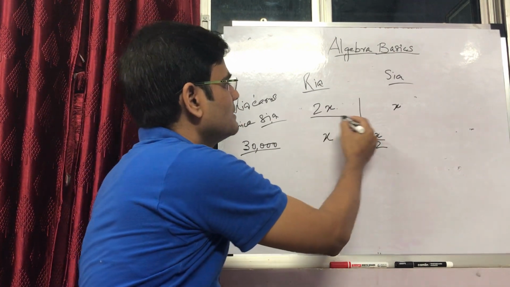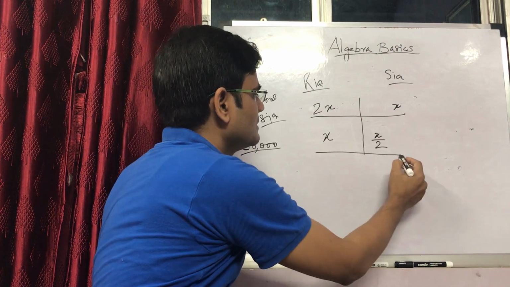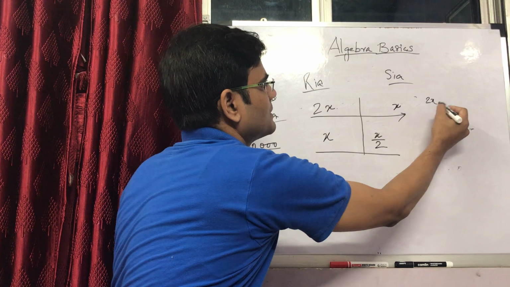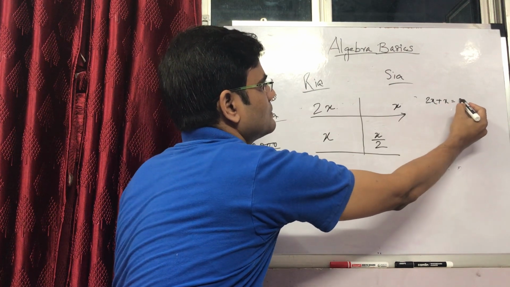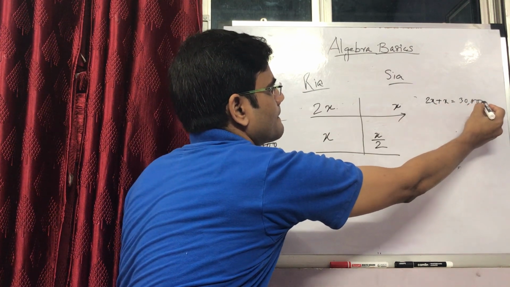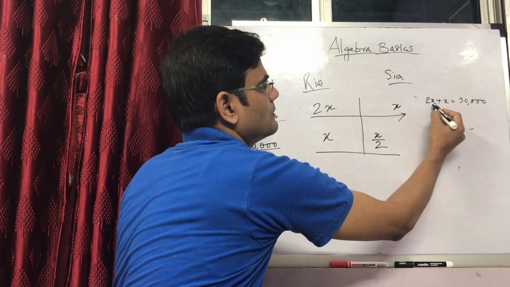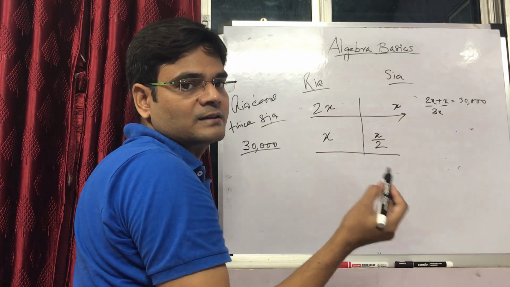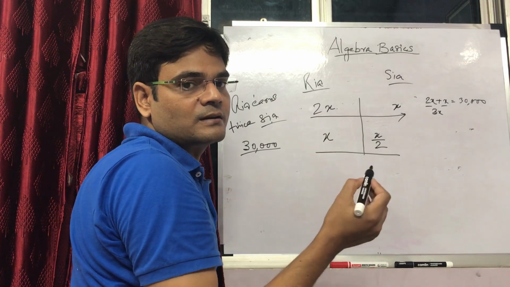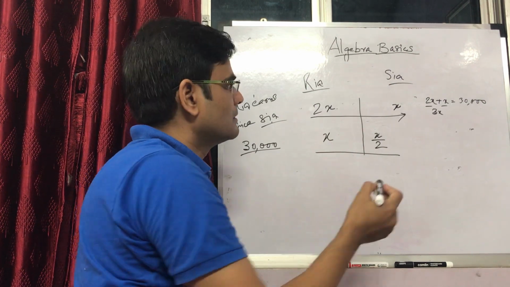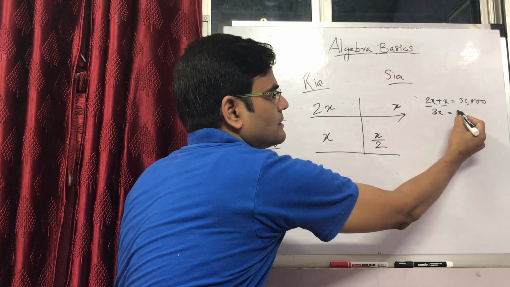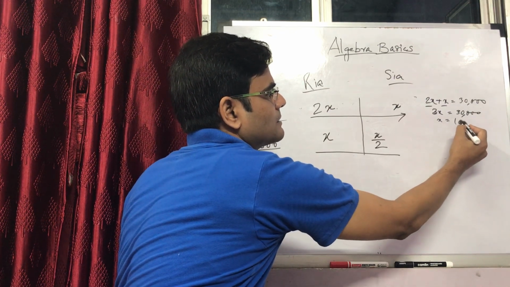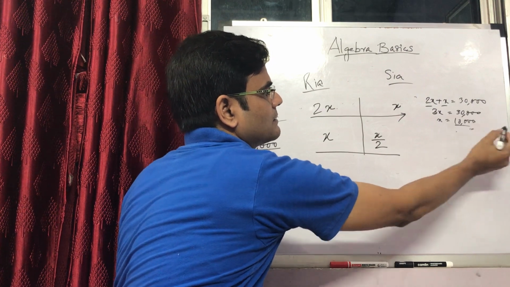If we go by the first, 2x plus x equals to 30,000. 3x, 2 apples plus 1 apple, 3 apples. X is 1x, don't forget that. 3x equals 30,000. X is 10,000, because that will be divided by 3.